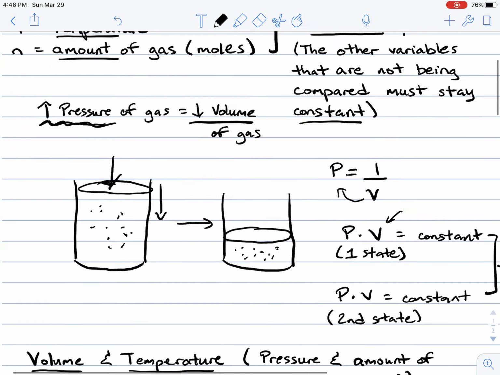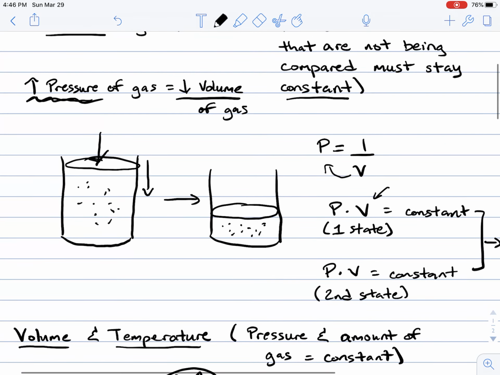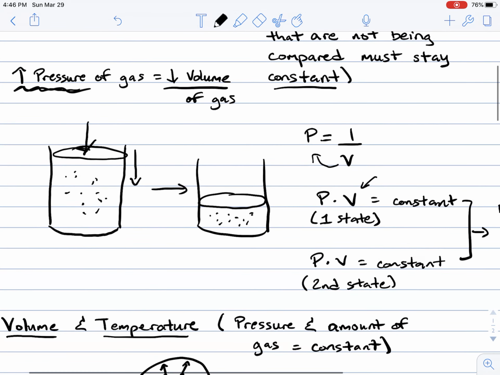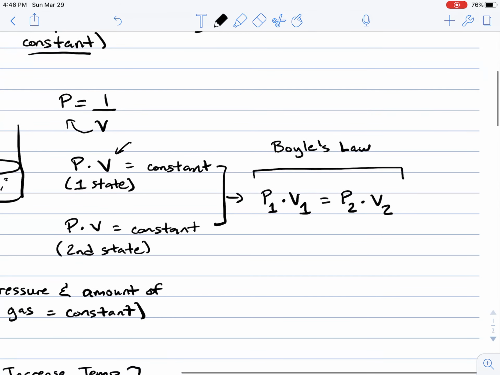Just reviewing that same concept for Boyle's law, since temperature is not found in Boyle's law, we just want to make sure that the pressure units and the volume units are the same. For example, if P1 is in atmospheres, then P2 must also be in atmospheres.